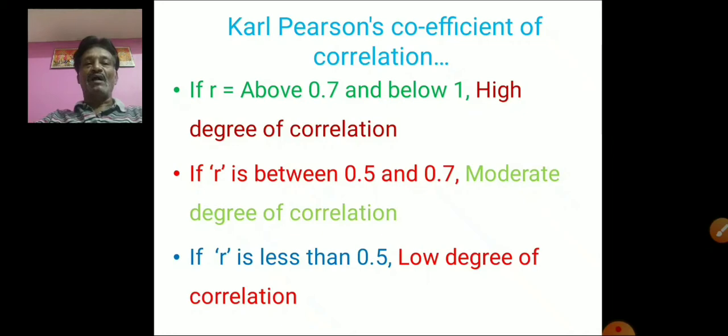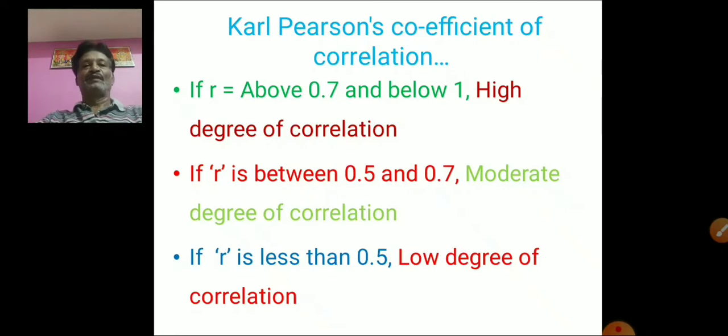If R is between 0.5 and 0.7, it means there is moderate degree of correlation between the given variables. If the R value is less than 0.5, we can interpret it as low degree of correlation.